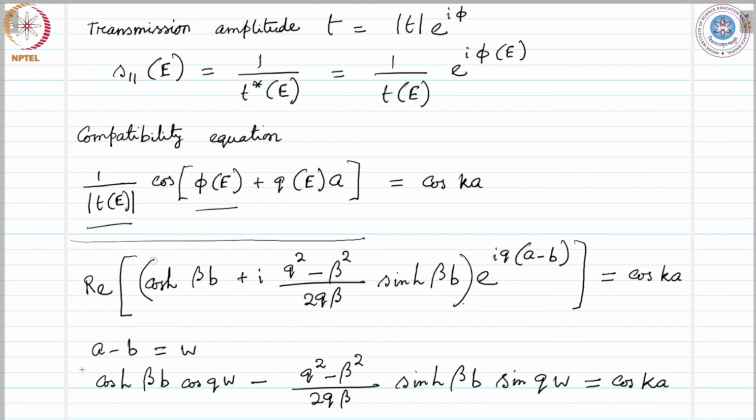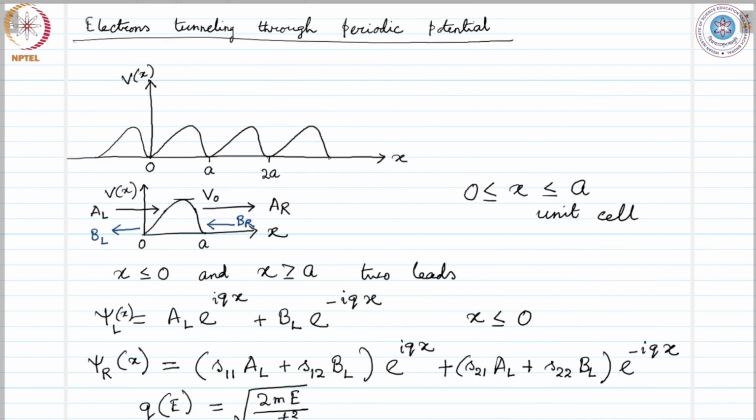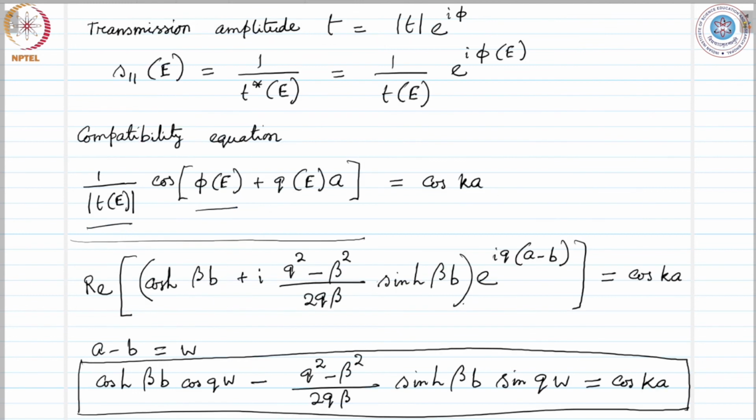So, with this equation we see that even for an arbitrary shape of the potential barrier, in case of periodic potential, we did not consider any Kronig-Penney like delta function barrier here. We have considered this smooth shape of the barrier, and that is arbitrary. We did not really use the shape of the barrier anywhere in the mathematics that we have considered so far.